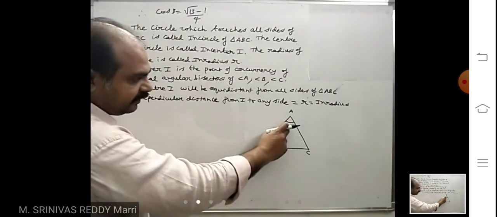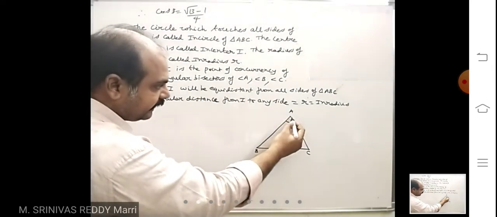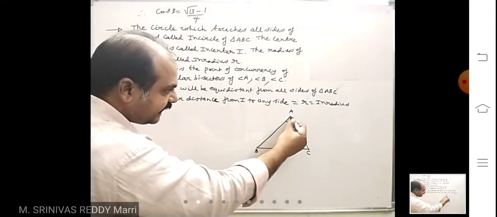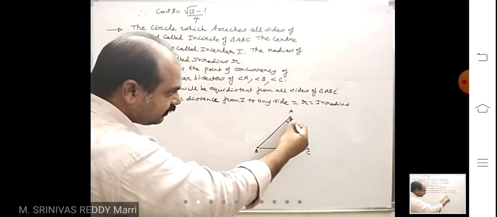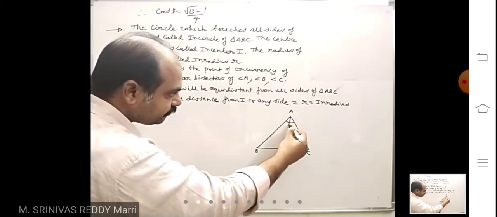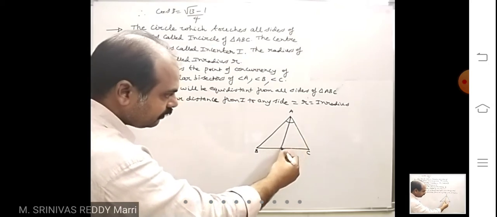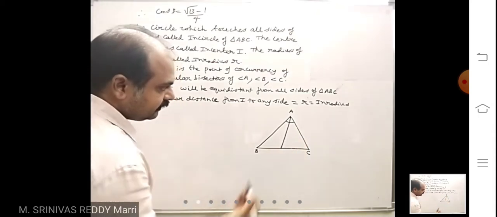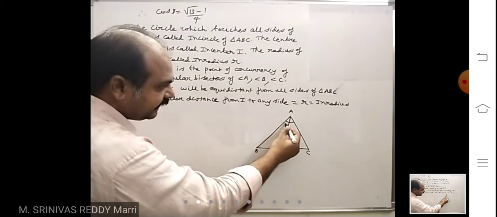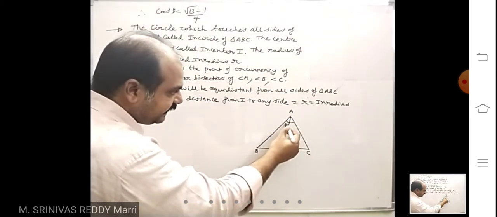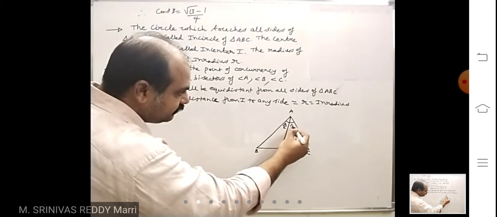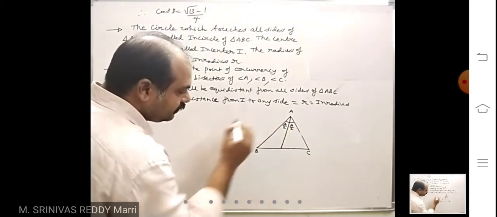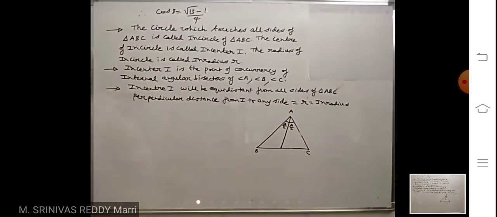A line that bisects this angle is called an angular bisector. I am drawing the angular bisector. That means this line divides the angle into two parts. This is A by 2, this is A by 2. This is the internal angular bisector of angle A.